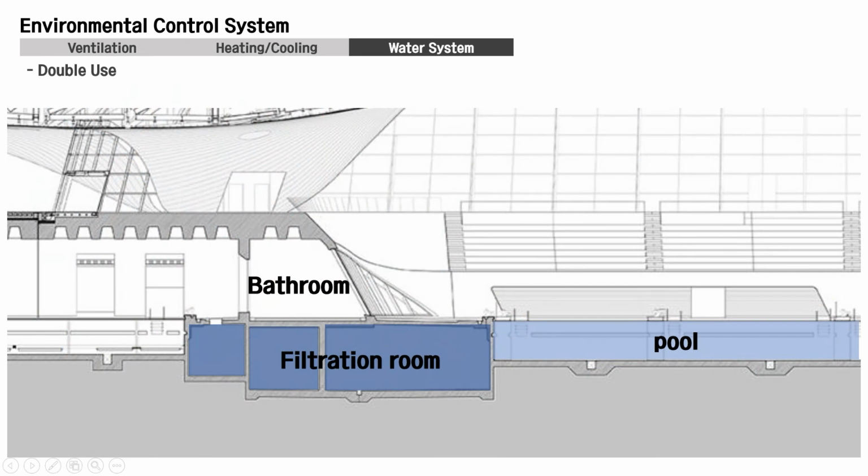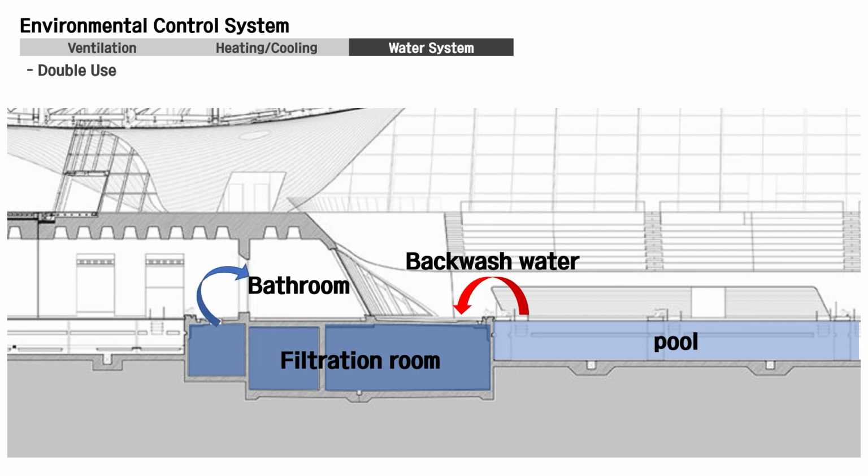The London Aquatic Centre organizes the water system largely into two main systems. One is double use of water and another is a rainwater system. First, the reuse of water in the London Aquatic Centre. The filtration room collects the backwash water, which is the used water from the swimming pool or shower room, and recovers the used water by using chemicals and removing particles down to 1 micron.